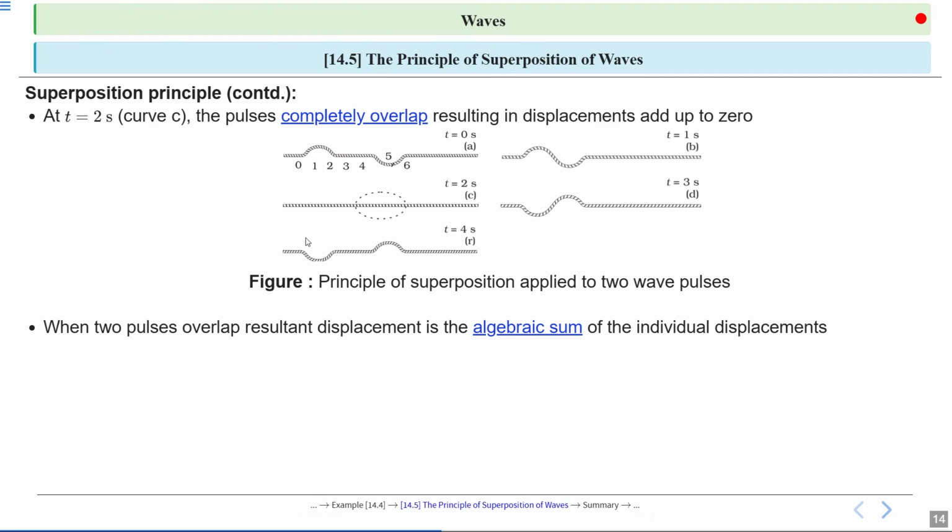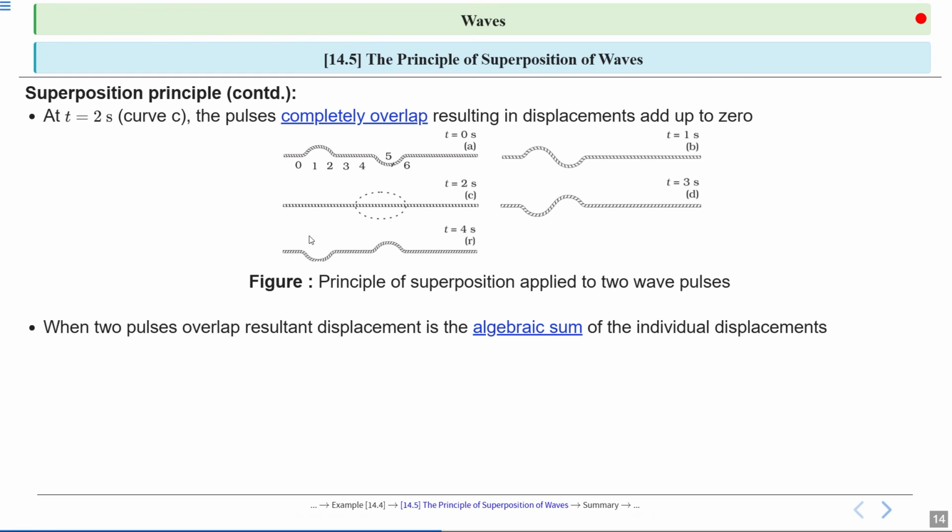So when two pulses overlap, the resulting displacement at any point is simply the algebraic sum of the individual displacements. This means we add the values together taking into account their direction. So if one is positive and the other is negative, they can cancel each other out.